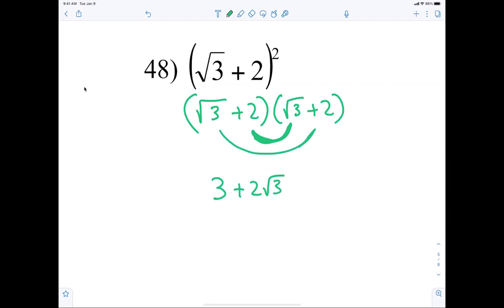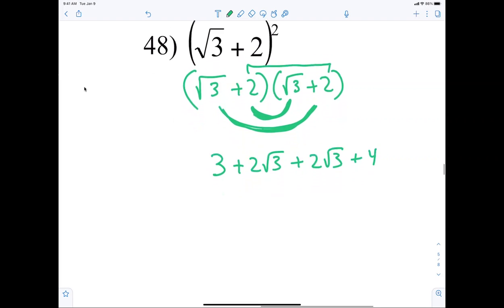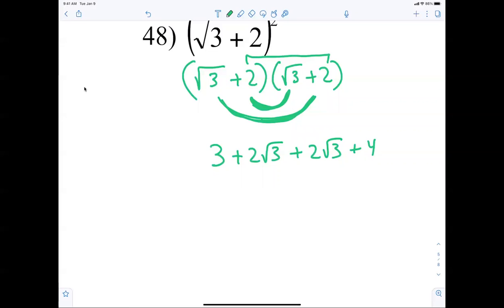Second smiley face, plus 2 radical 3 as well. And then finally, plus 4. So your final answer here is 7 plus 4 radical 3. Perfect.